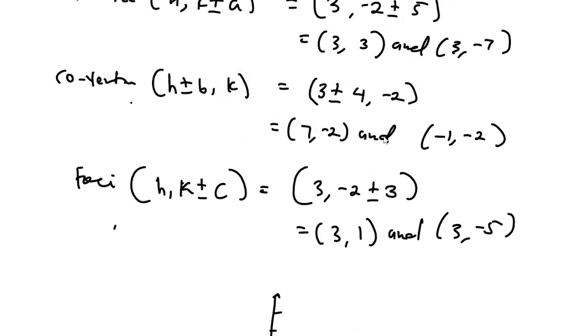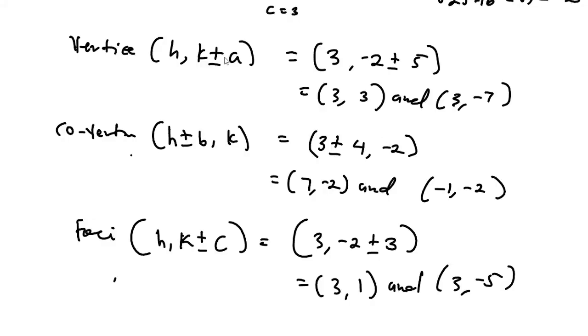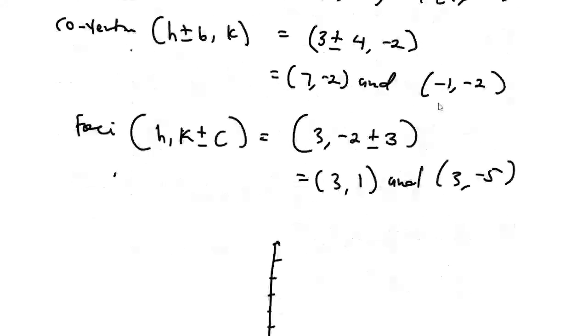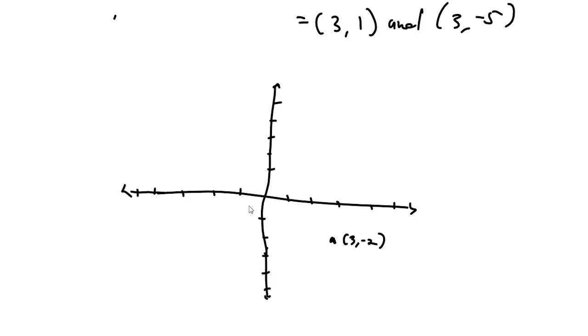Now let's look at the vertices. The first one we had (3, 3) and (3, -7). 1, 2, 3, 4, 5, 6, 7. This should be here.